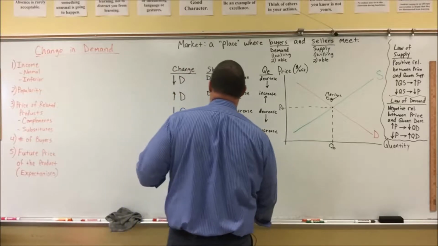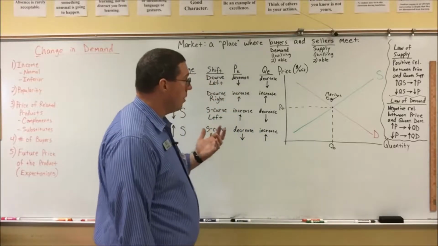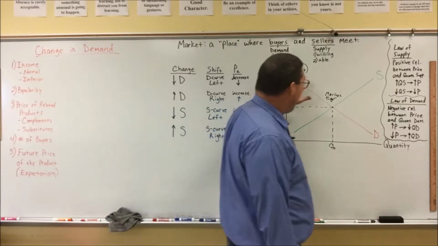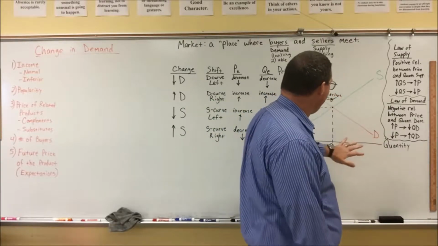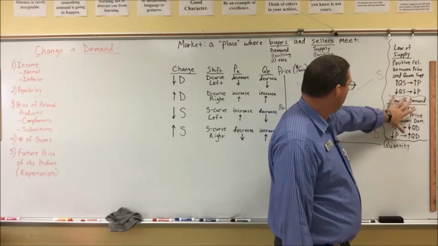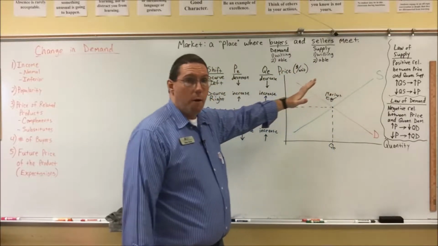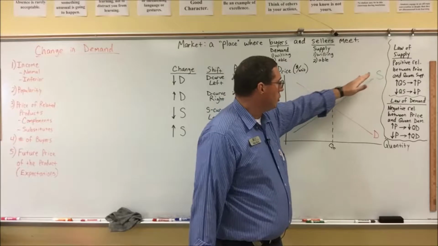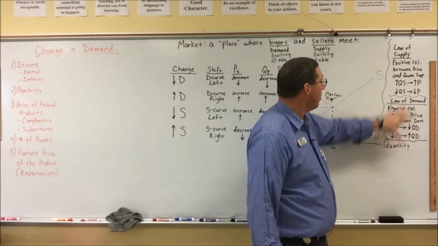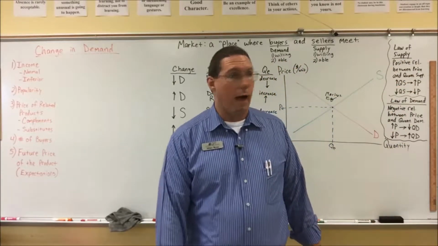And what we learned in the last class is that demand is a negative relationship between price and quantity. That's the law of demand. And then that supply represents a positive relationship between price and quantity. That's the law of supply, right?